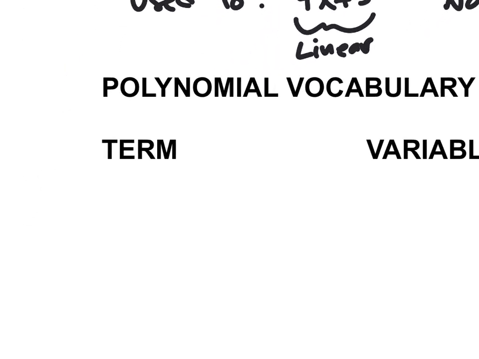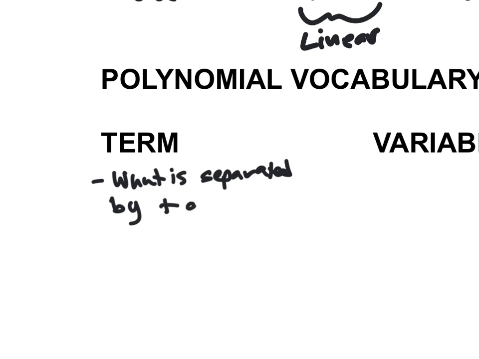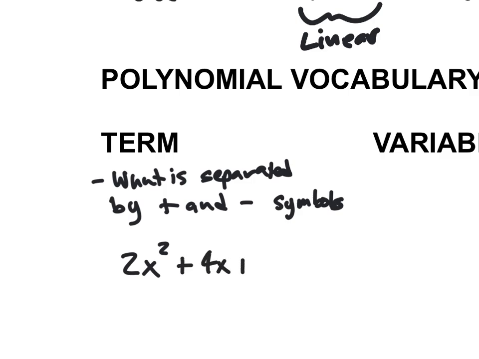So a term is what is separated by the plus and minus symbols, okay? Let's say here that I use 2x squared plus 4x plus 5, okay?